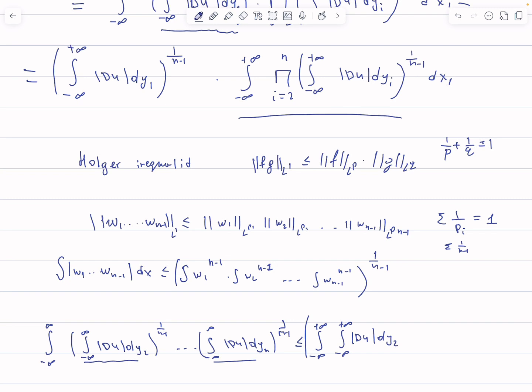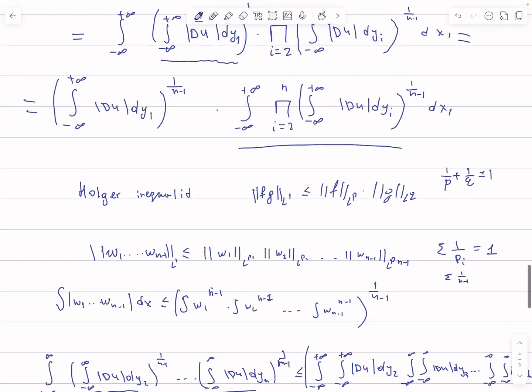This one becomes 1 because we had 1 over n minus 1, and with the power n minus 1 it becomes 1. Times the integrals du dy3, and so on, du dyn.